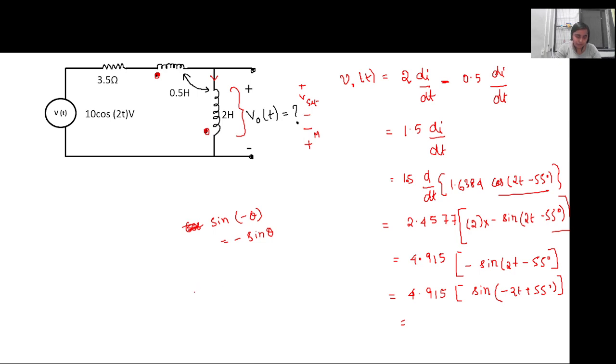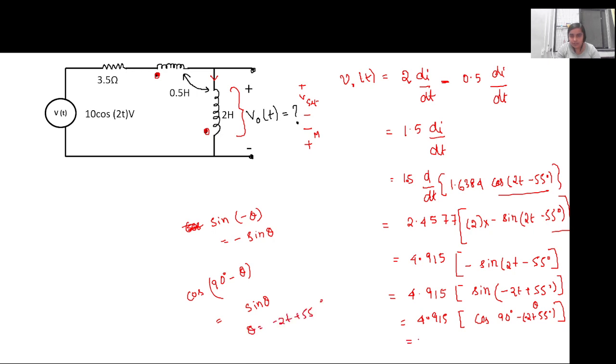Now we know cos of (90 degree minus theta) is sine theta. So we write this as 4.915 cos of (90 degree minus theta), where theta is minus 2t plus 55 degree.